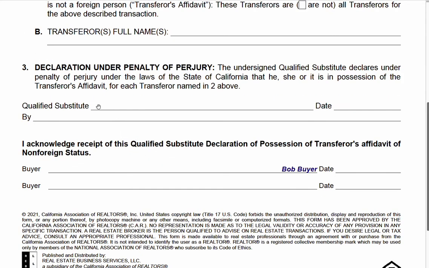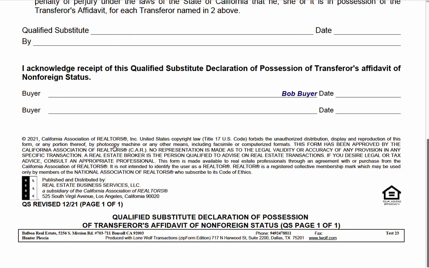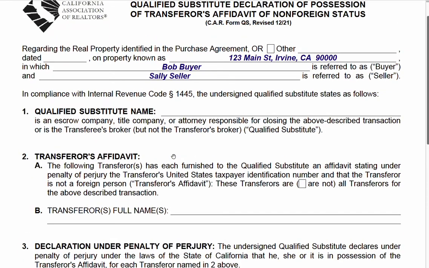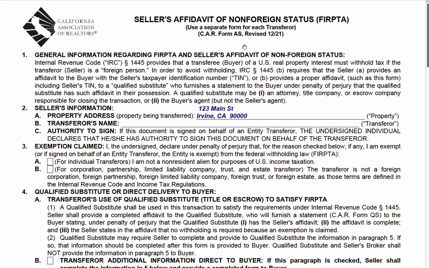So they're putting their name here, the escrow officer's name. The escrow officer is going to sign here because this is now an affidavit that the affidavit exists, that escrow is in possession of it. And then the buyer is going to acknowledge it. That's all you need. So at our company, we only require this form, the QS, qualified substitute form, or an AS. That's all we require.